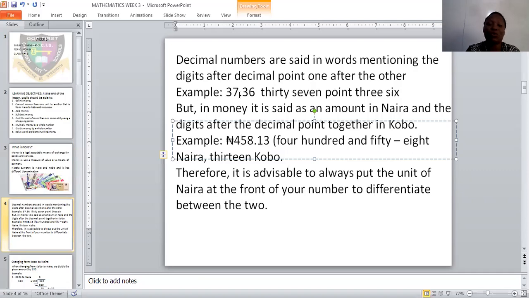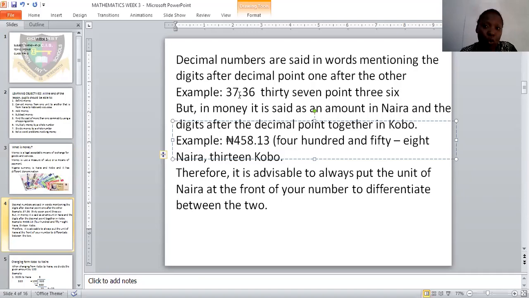Before the decimal point, you say the digits together. Remember, we have done place value, and value of digits in numbers. Now, we have this as 458 naira. Then after the decimal point, you say it together.